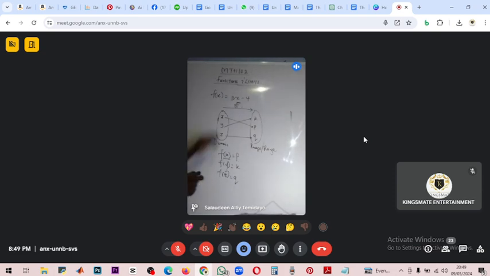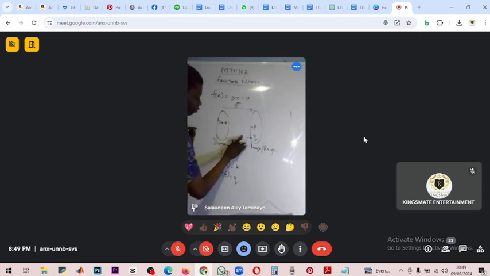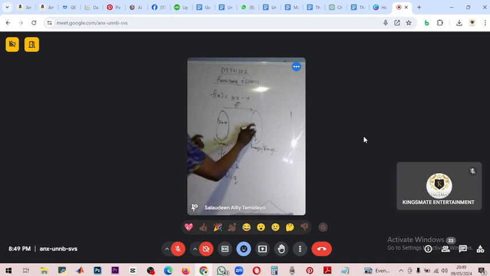Now let us look at this function f of x equals 3x minus 4. Let's say this is my mapping, 3x minus 4. This is the mapping.